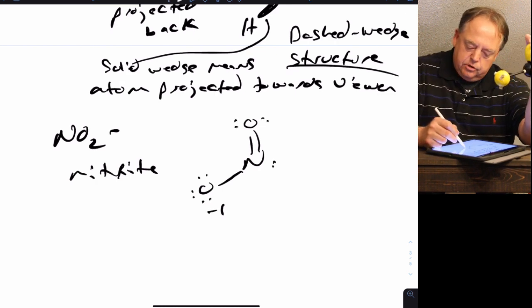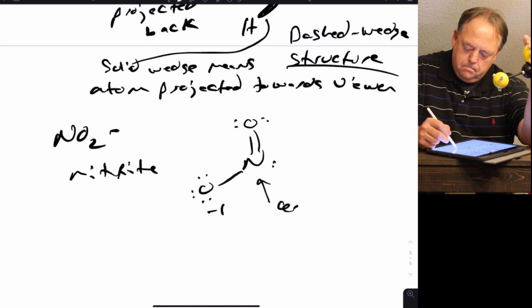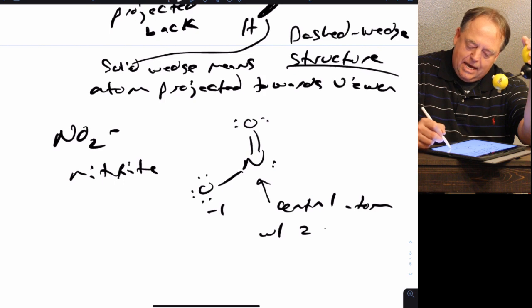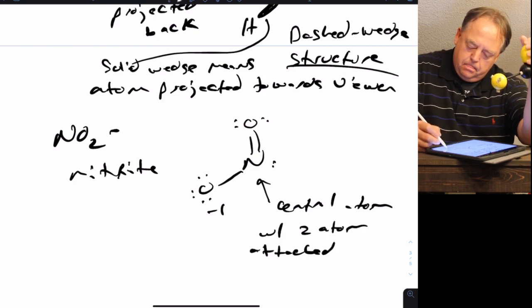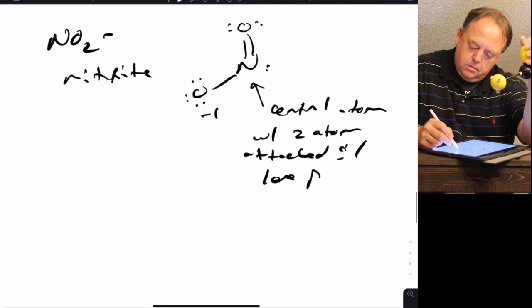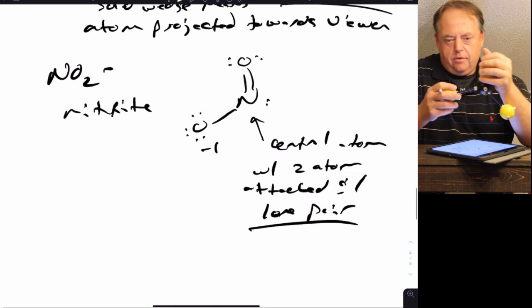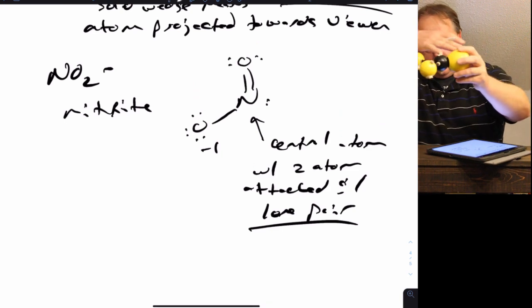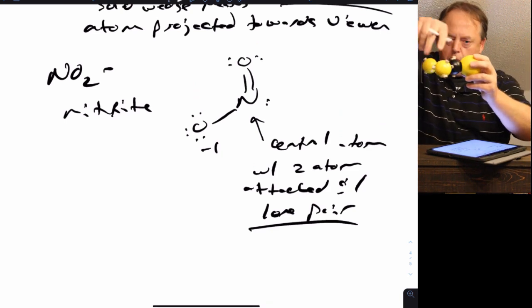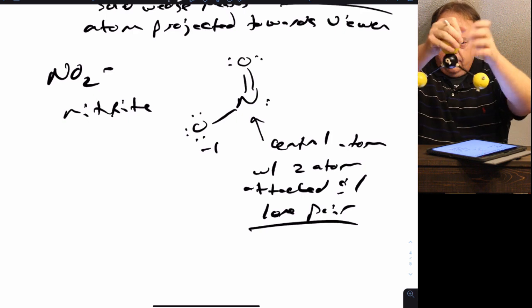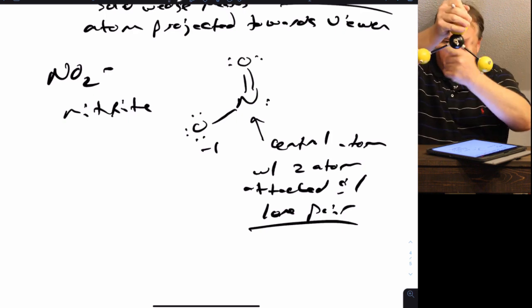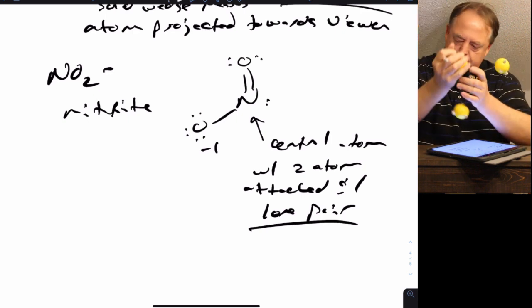So that would have a central atom with 2 atoms attached and 1 lone pair. So that would be trigonal planar. So the 3 things are arranged trigonal planar, but for the geometry, you ignore the lone pair and you just focus on the atoms, and that's called bent.